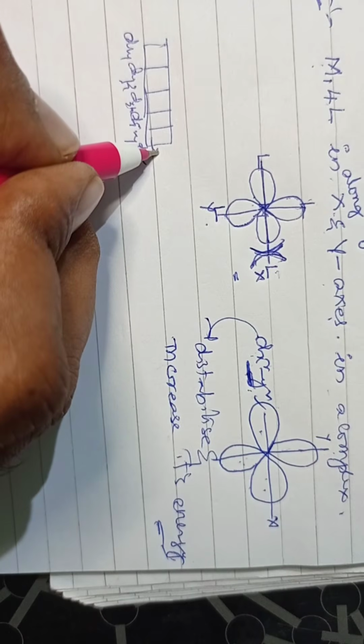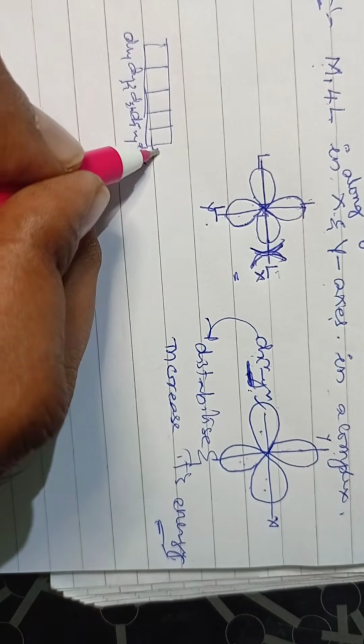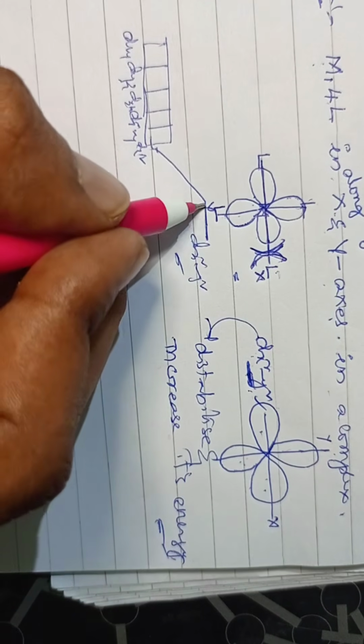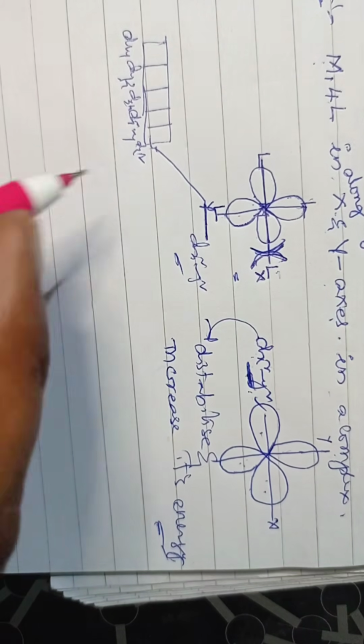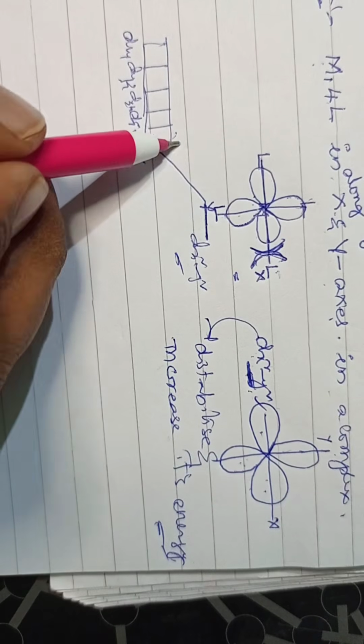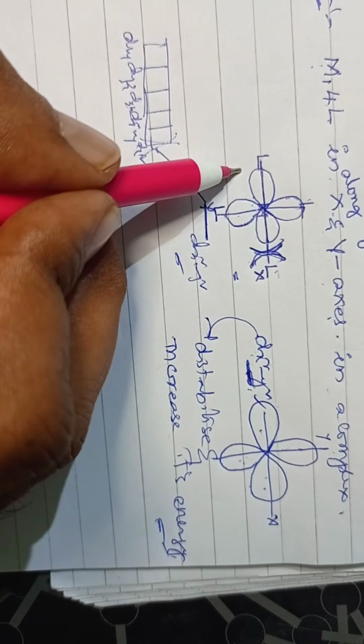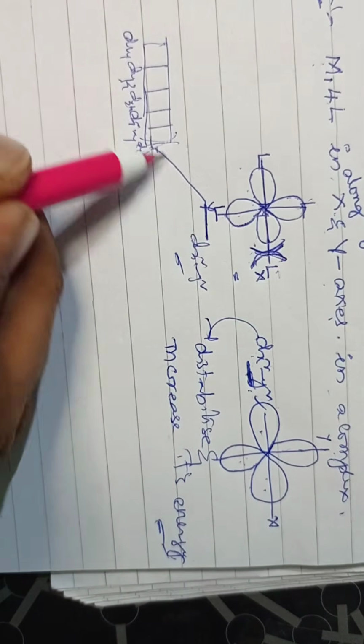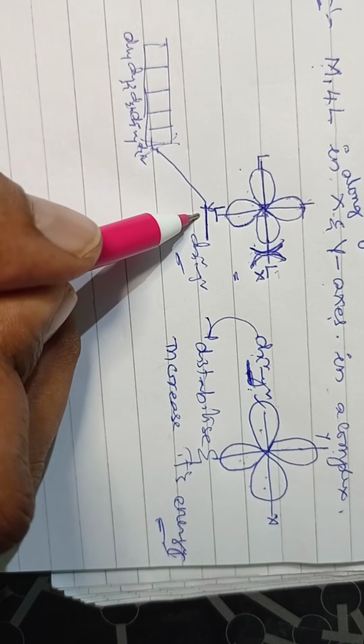Here it cannot be there. In this situation, it rises in energy. Dx square minus y square reaches a higher energy level, since it has a negative impact from the ligand approach, right? So with this negative interaction, it enhances its energy, right?